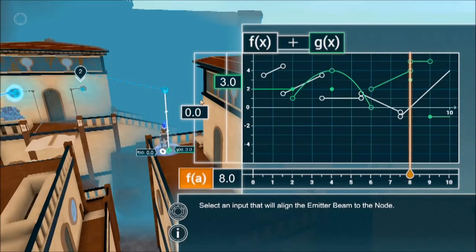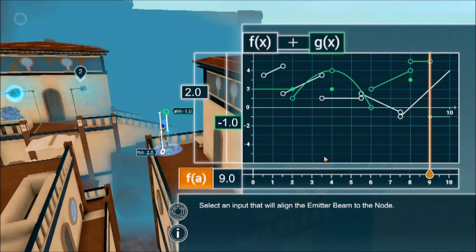So we want a value of 2. Let's see, value is 1. Not of 2. Will we get a D&E if we put that there? Nope, that doesn't.